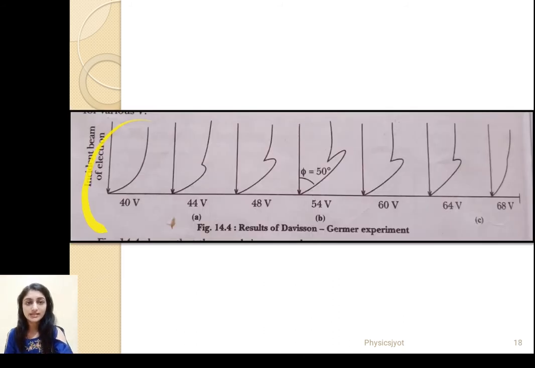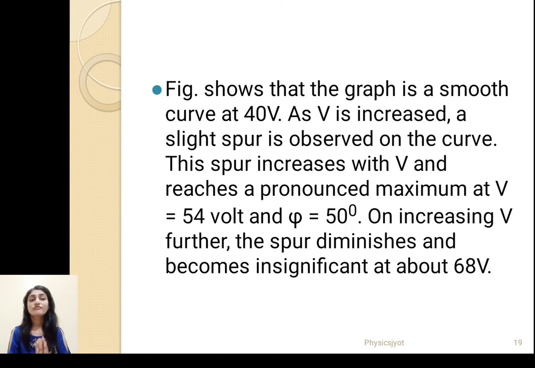Here you can see that initially the graph is just a curve, then at 44 volt we get a slight spur, at 48 volt the spur increases, at 54 volt and a scattering angle of 50 degrees the spur is maximum, and for higher accelerating potential it disappears. At 68 volt it diminishes. So the figure shows that the graph is a smooth curve at 40 volt. As V increases, a slight spur is observed on the curve.